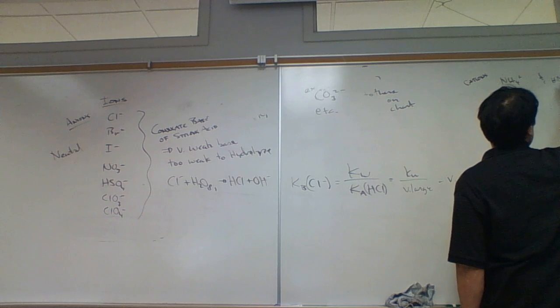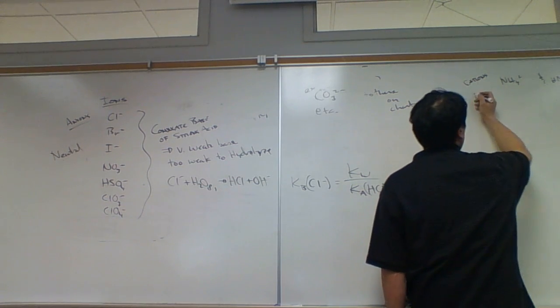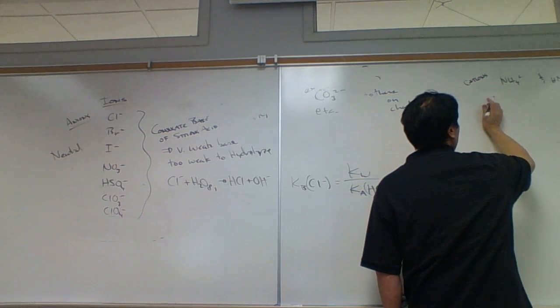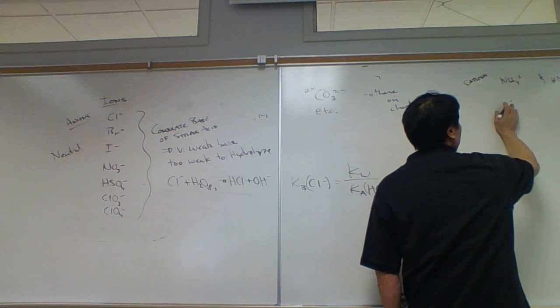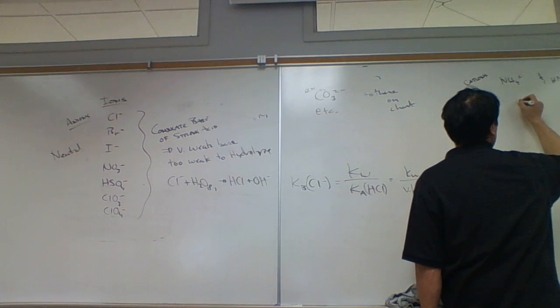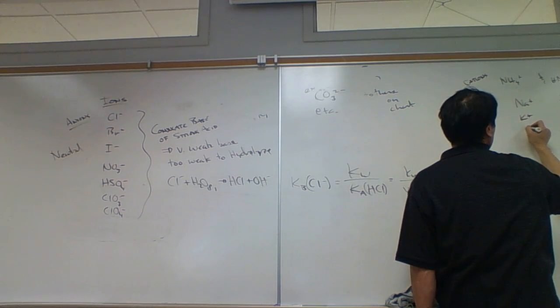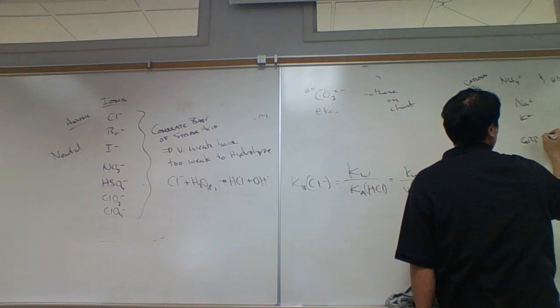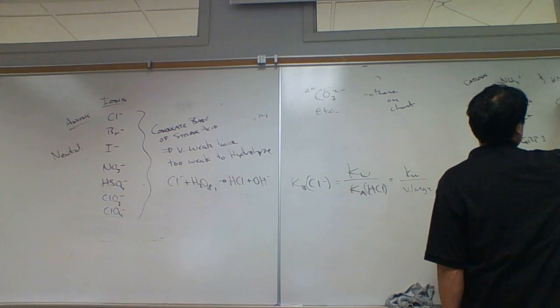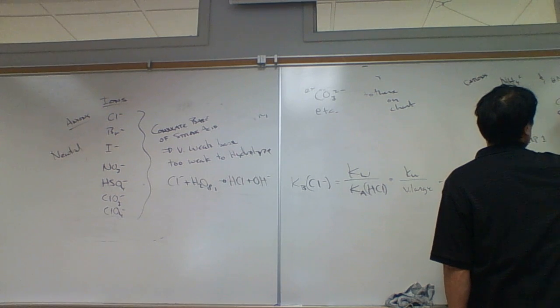Then we have other cations, like sodium, potassium, in other words, the other group 1s, calcium, strontium, and barium.